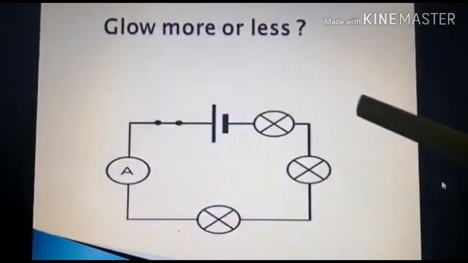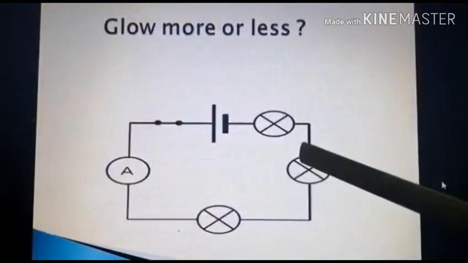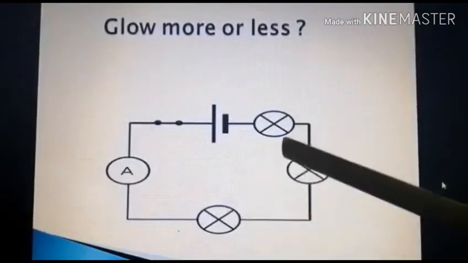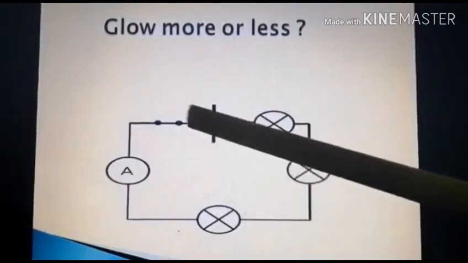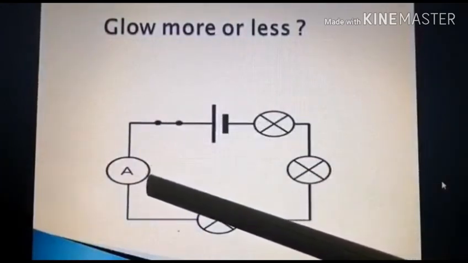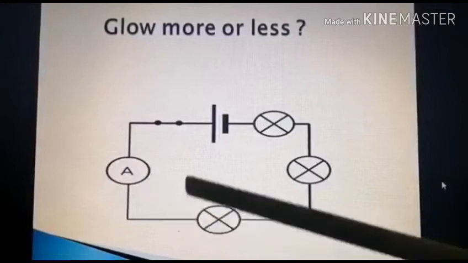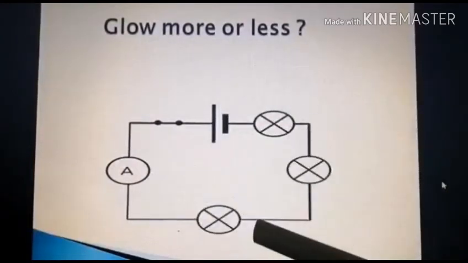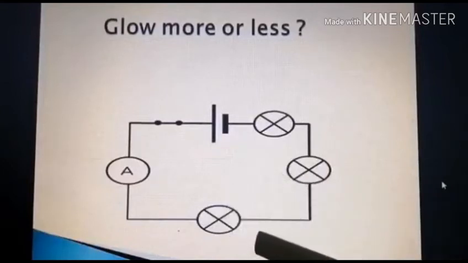Now look at this picture. Look at this circuit. Here you can see how many lamps there are. Here are 3 lamps, 1 cell, 1 switch, and this is an ammeter. This is the symbol of an ammeter. Now what about the brightness of these bulbs? Do they glow more or less? They glow very little.